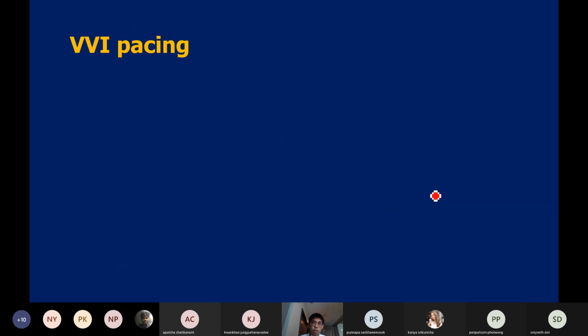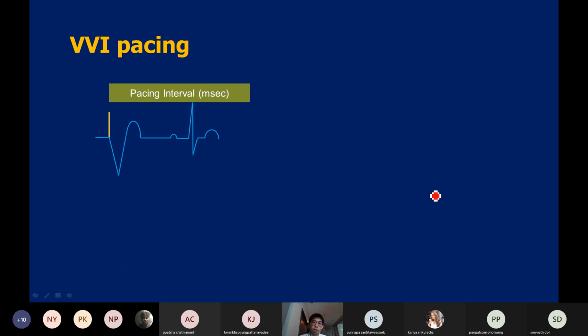This is the VVI pacing. You can see that the first one is pacing with ventricular capture, and the second one is the intrinsic. So the pacemaker senses the intrinsic and inhibits itself from pacing.